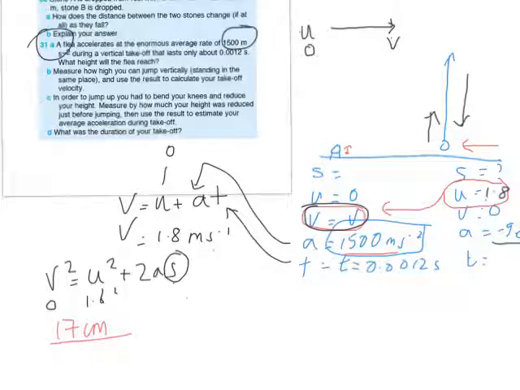Now, this is a really cute question, actually, because now it asks you to measure how high you can jump vertically. So let's have a look how you would carry that question out. Let me tidy this page up. So if we think about this now, you jump up a certain distance, which the book uses an example distance of about 0.60 meters, 60 centimeters.